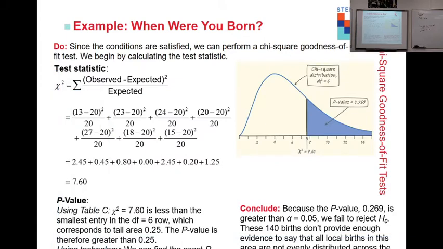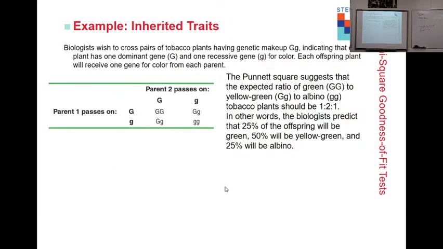So let's look at one more example here for our notes. This has to do with dominant and recessive genes. We have tobacco plants having a genetic makeup. Each plant has one dominant gene and one recessive gene. So we have 3 different outcomes here. We have green, which is if both get the dominant gene. Yellow-green if one gets dominant, one gets recessive.